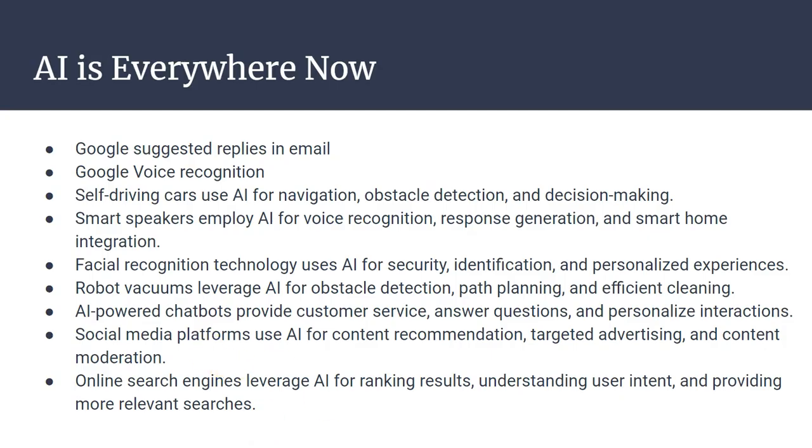You've seen chatbots on some of the sites, and even now what we're seeing, and we're really excited about learning and helping people with this, is online search engines leveraging AI. So Google, Perplexity, a bunch of those.